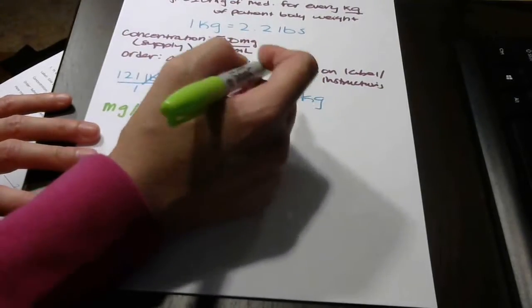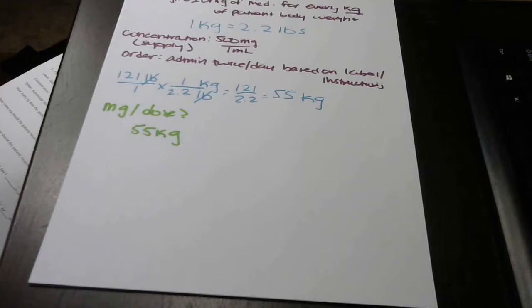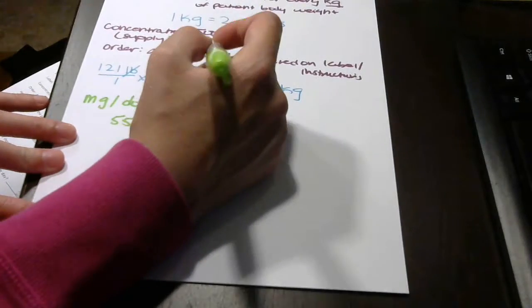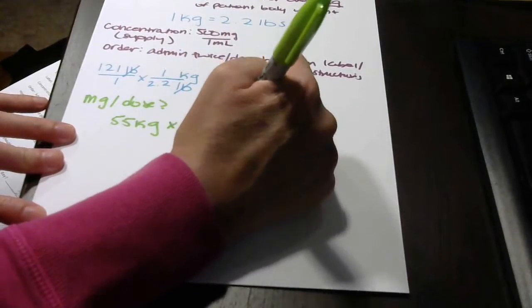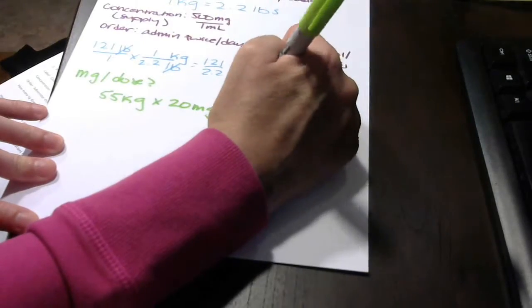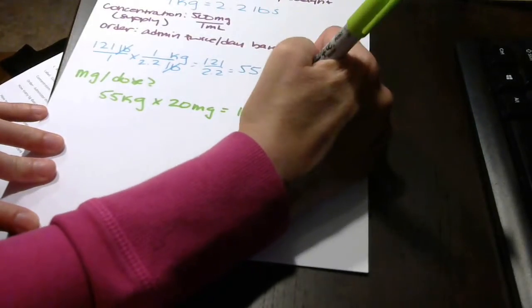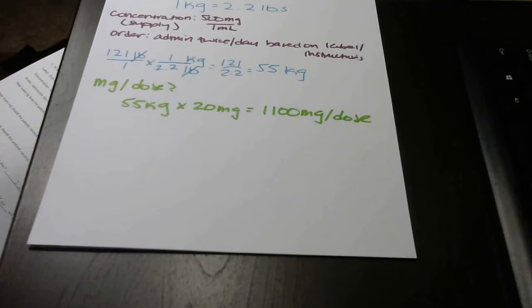We know that our patient weighs 55 kilograms, and for the medication, we want to give 20 milligrams for every kilogram of patient body weight. So we can just take that times 20 milligrams. So 55 times 20 is 1,100 milligrams per dose. And that's the answer to the next step.